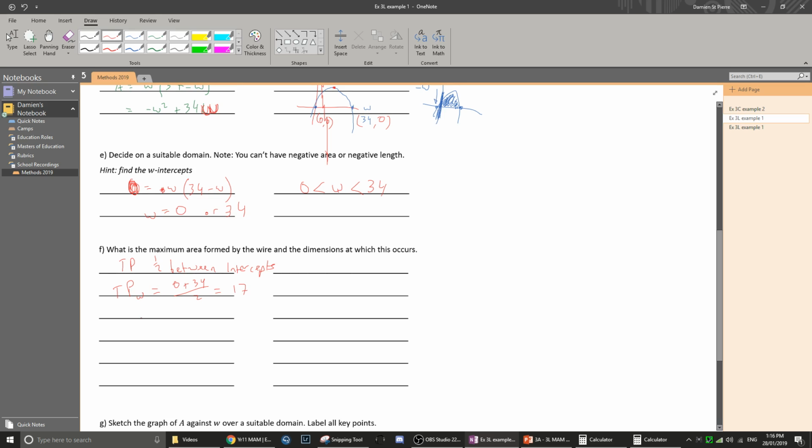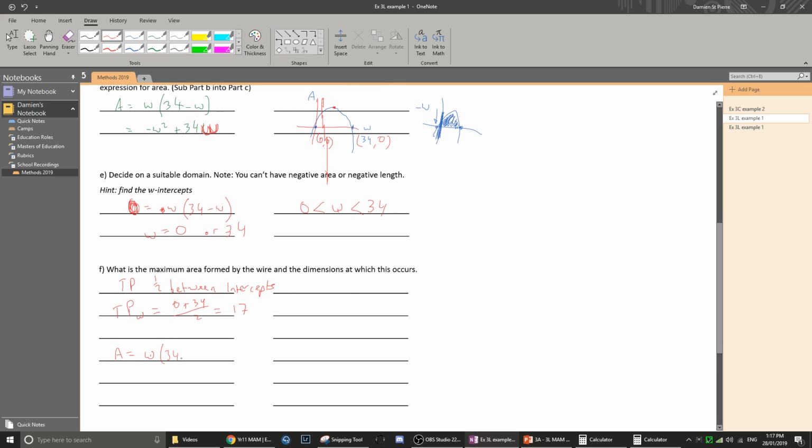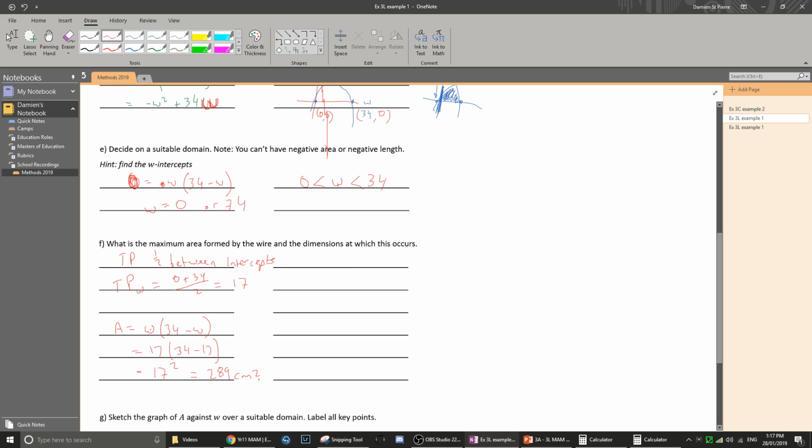Our turning point W, we can substitute into our area. Area is equal to W times 34 minus W, so 17 times 34 minus 17, which is 17 squared, which happens to be 289. So the maximum area is formed when the width is 17.